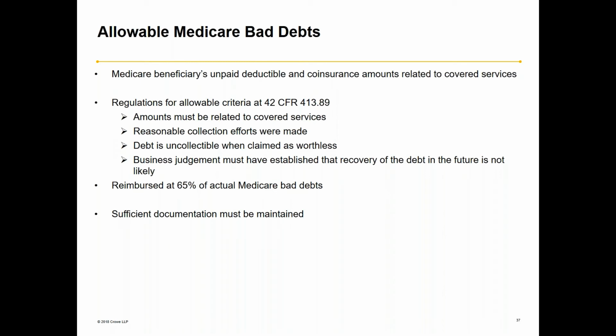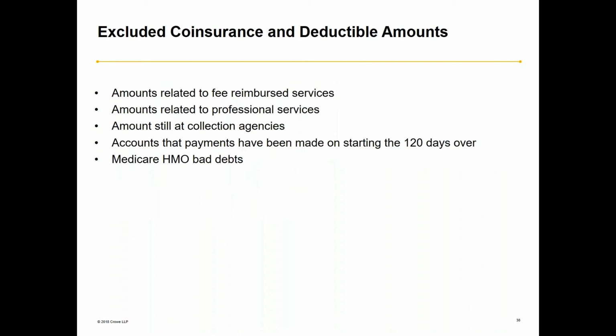So how are you maintaining that documentation and making sure that when this debt is included in the Medicare bad debts, from that time on to the time that it's audited, where and how is the information maintained? So that's where a lot of issues come into play with these Medicare audits, and some large reductions in the Medicare bad debts is not being able to produce the evidence, the documentation that proves that bad debt meets the highly effective habits of a Medicare bad debt.